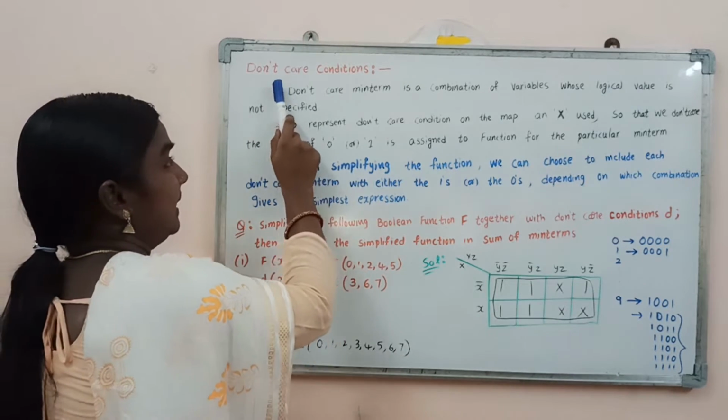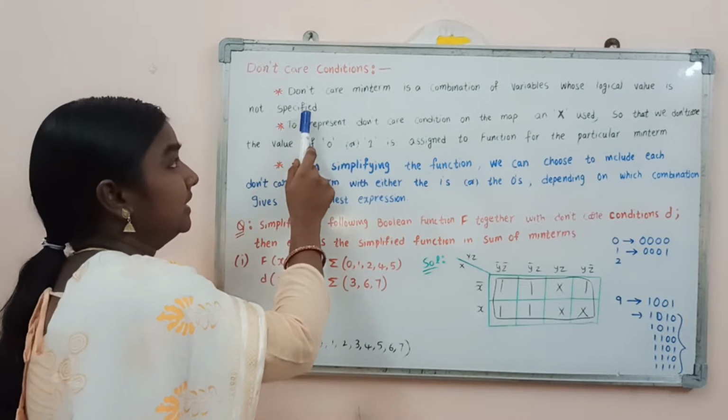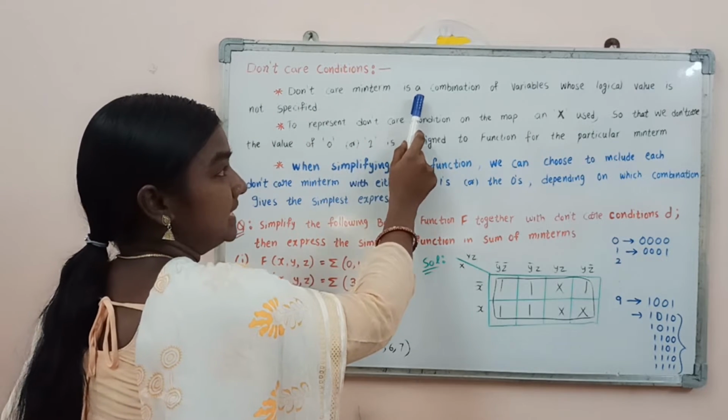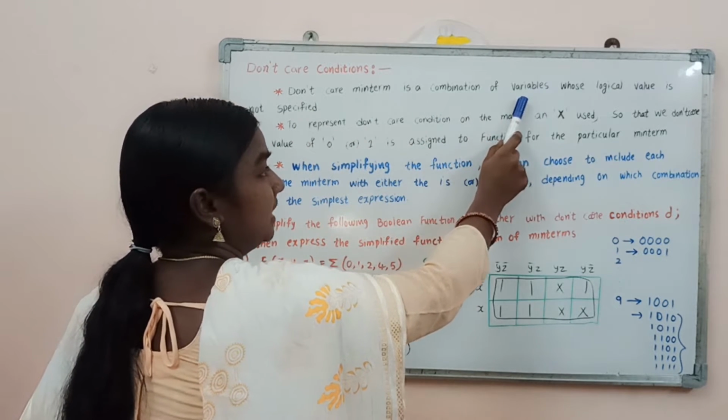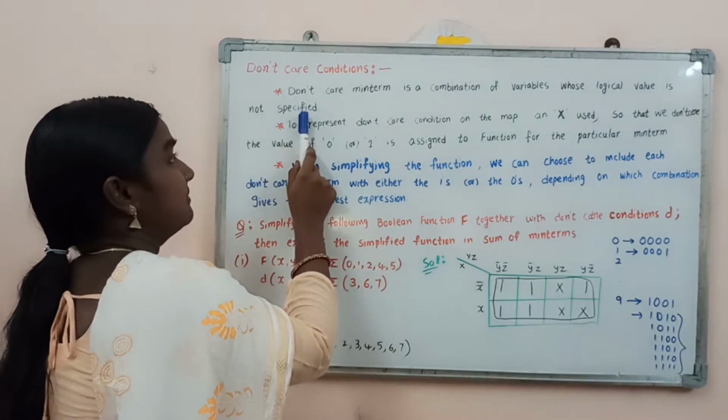Now, about don't care conditions, the first point says that a don't care minterm is a combination of variables whose logical value is not specified.